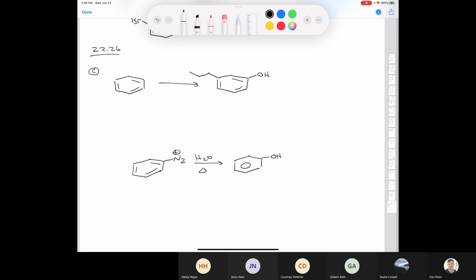So a hydroxyl is an ortho-para director, as is an alkyl group. So, you know, this doesn't get us really all that much further unless we use Sandmeyer chemistry again. So that's going to be our best strategy, would be to use the Sandmeyer chemistry.